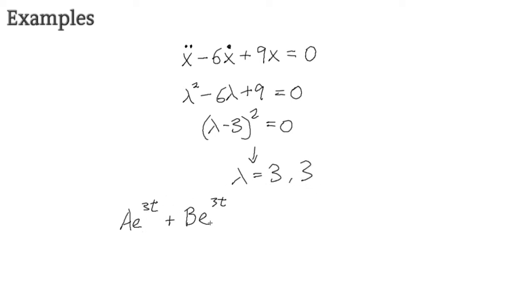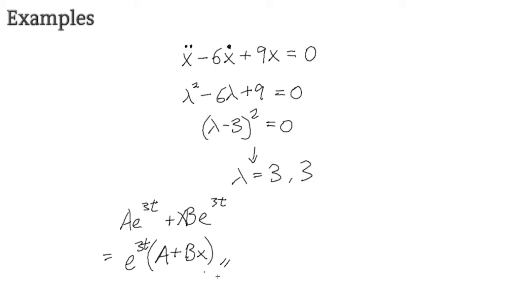those two would be the same, which means that they cannot be separated, and so the only way to do that is to add an x in front of the b, so we get a e to 3t plus x b e to 3t, or more commonly written as e to the 3t times (a plus b x).